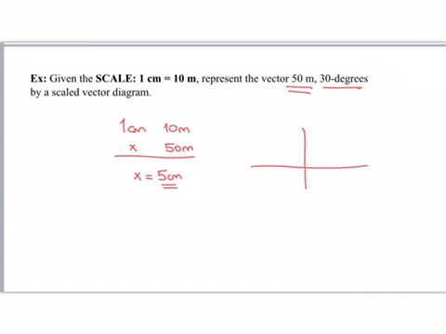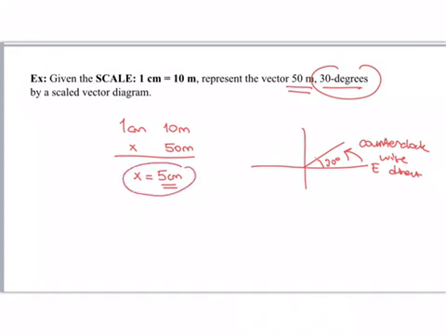When I just say the angle, I begin from the east direction and turn in the counter-clockwise direction by an amount of 30 degrees. And the length is 5 centimeters. 1, 2, 3, 4, 5. Yes, this is my, let's say, A vector.